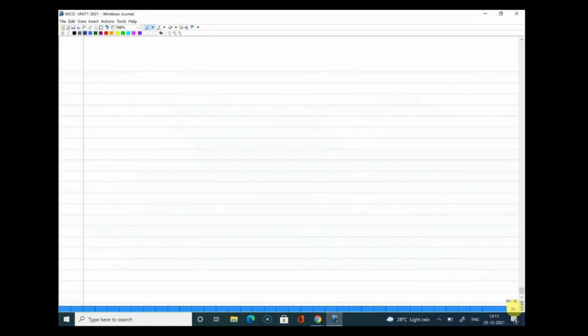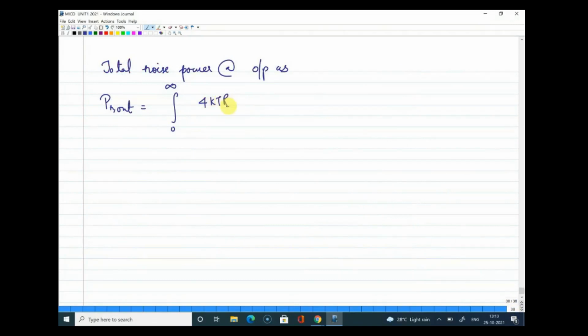So if I continue this, I can write the total noise power at the output, say if I express it as some P n out, I need to integrate from 0 to infinity of this. What I have here is 4kTR divided by 1 plus 4 pi square f square R square C square, df.